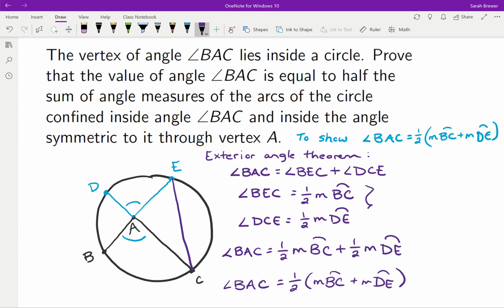And again, these two statements are because of the fact that those are inscribed angles, so half the intercepted arc. And we've shown exactly what we were trying to.